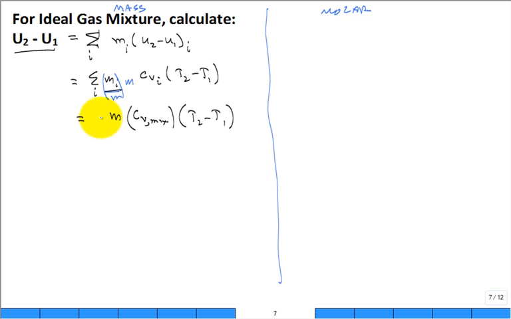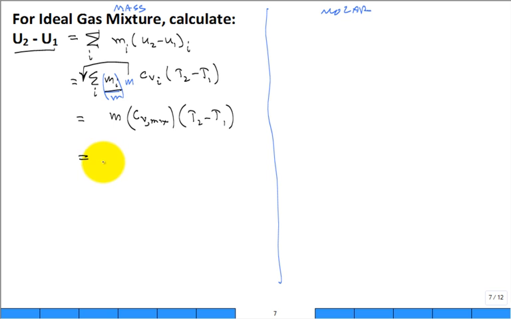The equation's still true. But this mi over m is the mass of the species i divided by the mass of the mixture, which is the mass fraction. And this m, because it's in every term, can come outside the sum.